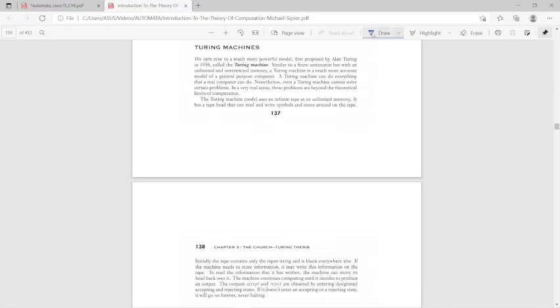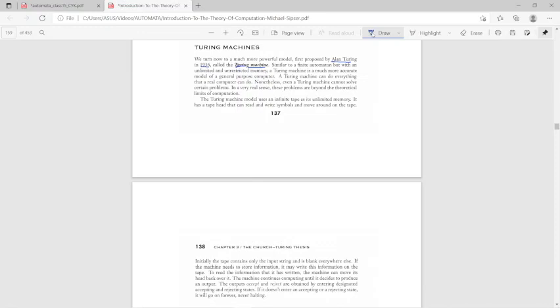That was proposed by the scientist Alan Turing around 1936, whereas the computer was first established around 1950, right? Before that, the Turing machine was a mathematical model. Unlike finite automata, it has unlimited and unrestricted memory, and a Turing machine is a much more accurate model of a general purpose computer.